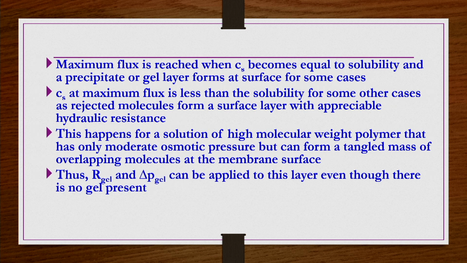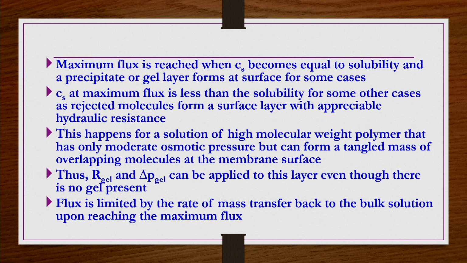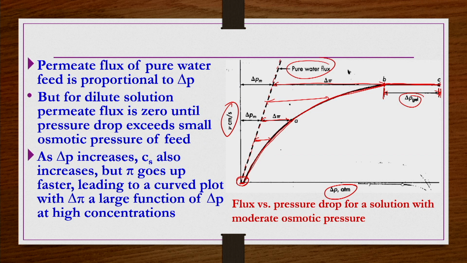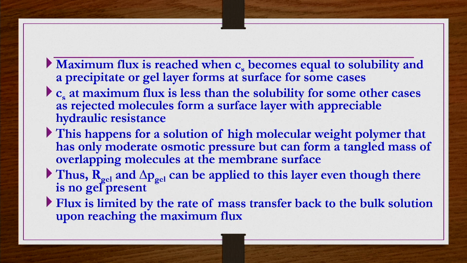So, what we understand here is that whether the gel formation is there or not, R gel and delta P gel can be applied to this layer even when there is no gel present, because the gel formation is going to take place gradually with increasing delta P. So flux is limited by the rate of mass transfer back to the bulk by diffusion upon reaching that maximum flux. After this point, whatever the flux is, it is controlled by the mass transfer.